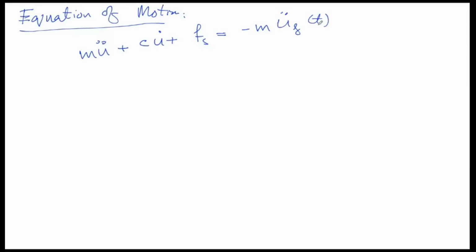If you divide this equation by the mass, you get acceleration here. Then in this equation, we have the damping ratio and omega n times velocity, plus the term Fs divided by the mass, equal to minus ug.